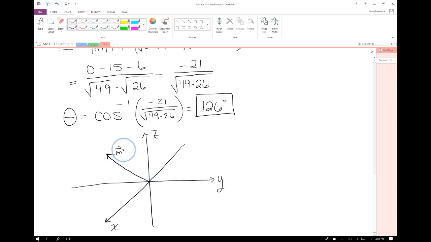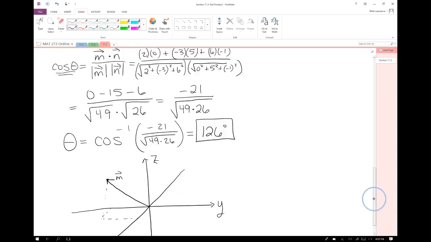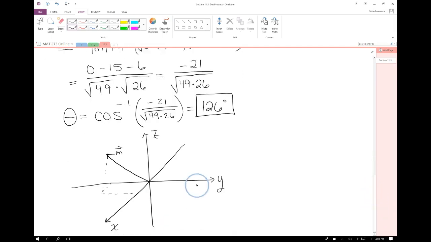So there's vector m. And then vector n has components 0, 5, -1. So we're not going to move at all on the x-axis. We're going to go 5 units on the y-axis, and then down 1 unit on the z-axis, which is going to put us about here.